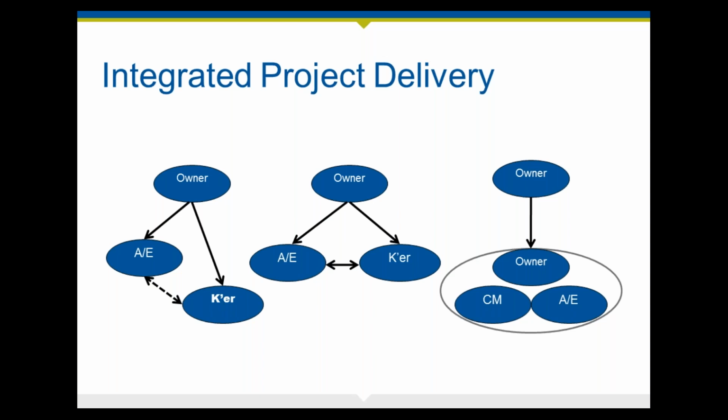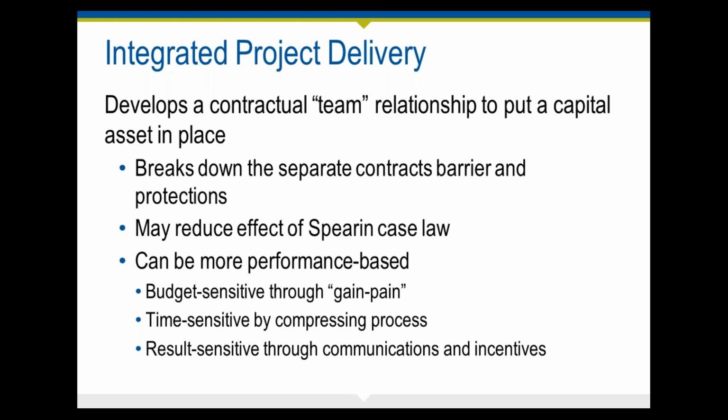you could have that. And so with IPD, the goal is to have a contractual team to put a capital asset in place that breaks down separate contract barriers and protections so that folks are working towards the end goal and are working collaboratively, and that's described in the document.